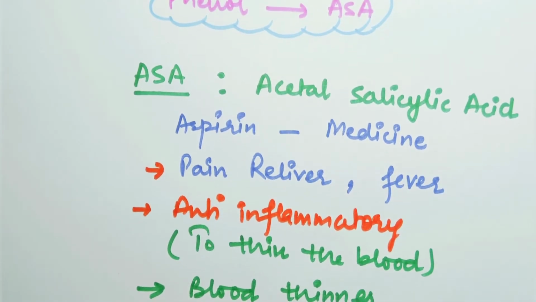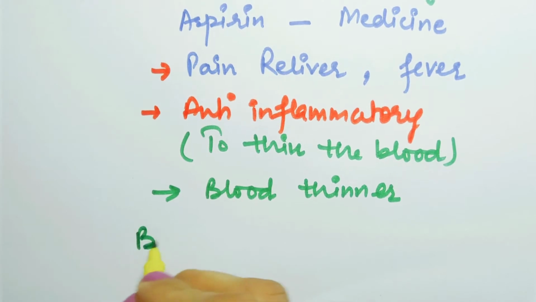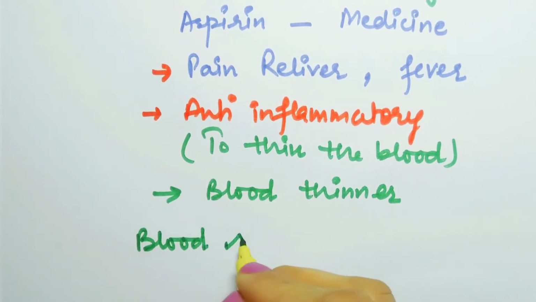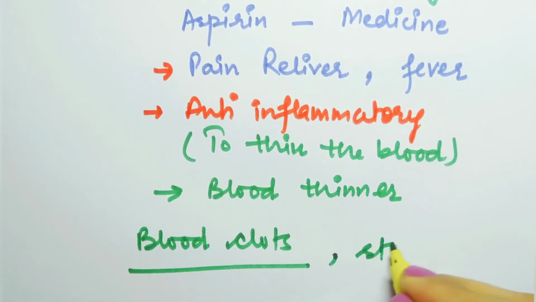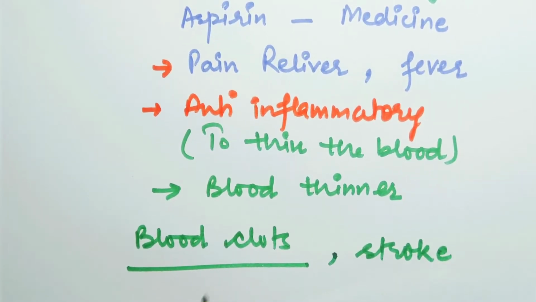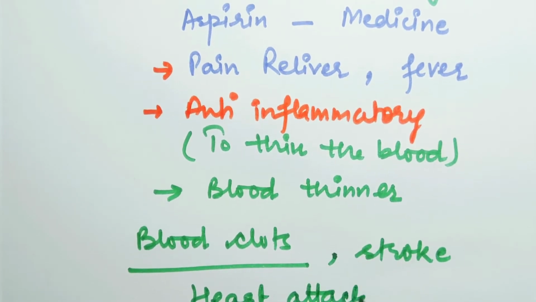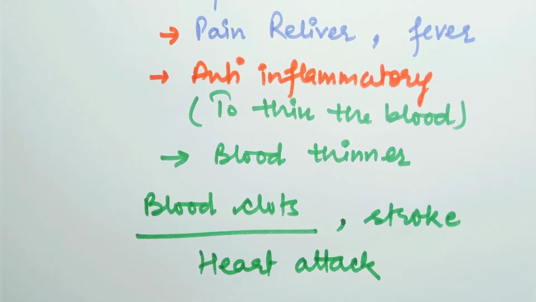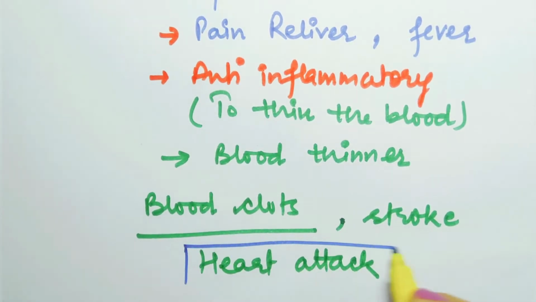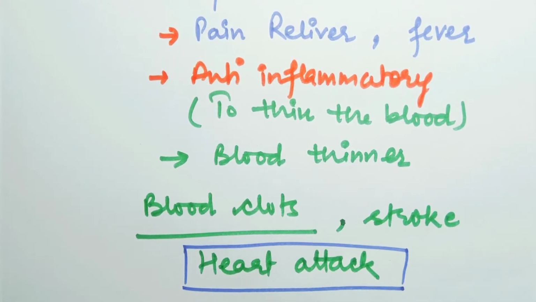Okay, this is given mostly to people who are having blood clots, stroke or heart attack. It is often given immediately to patients who are having a heart attack. Why?